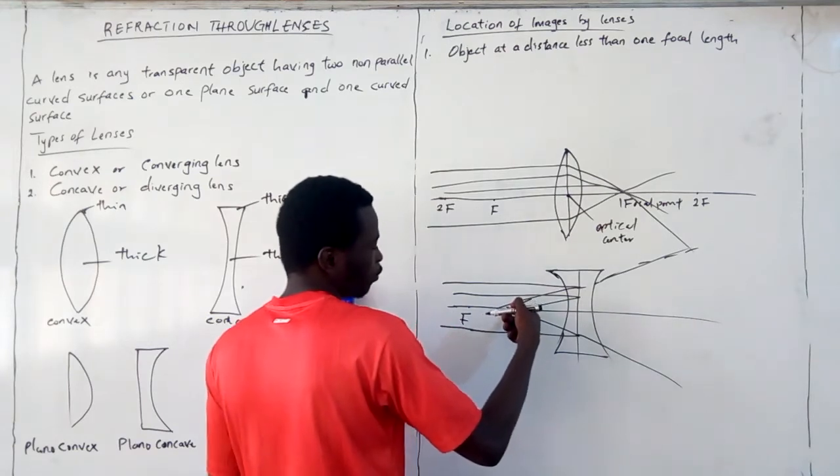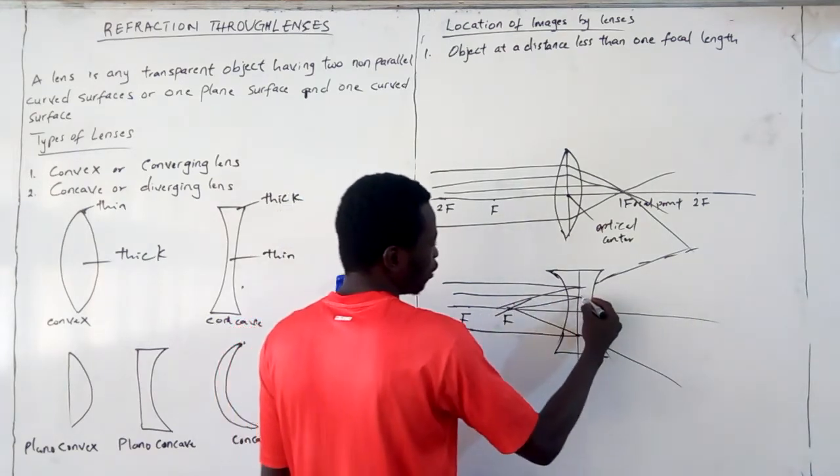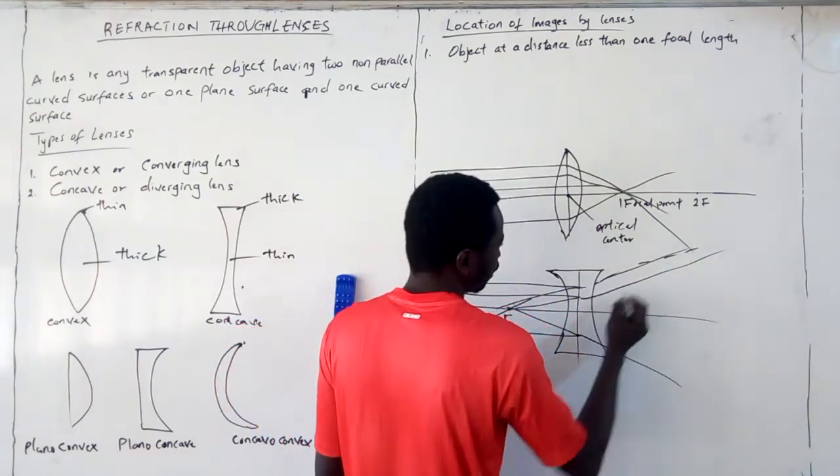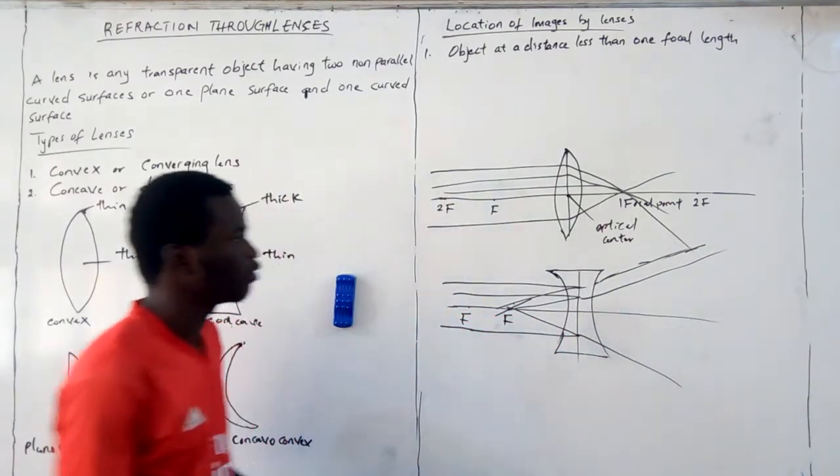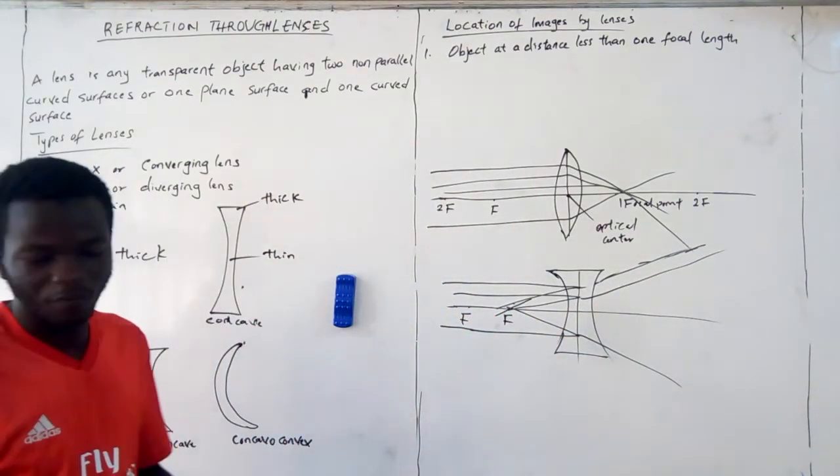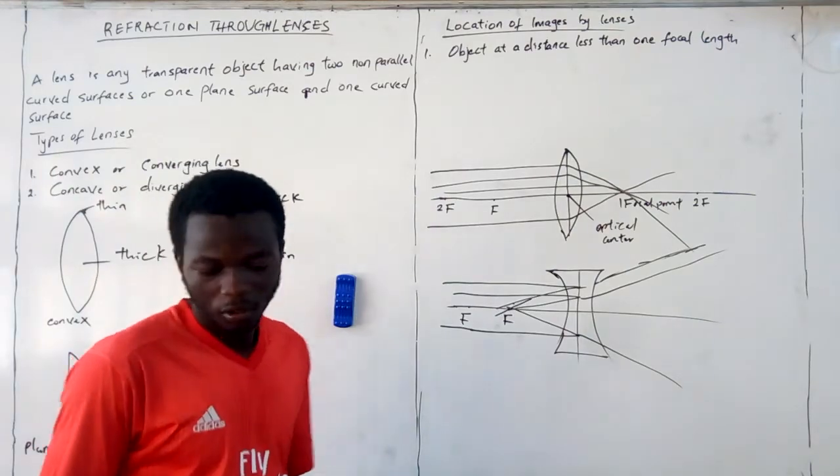They will fall at this position here, and then the rays will diverge this way. So that's why it is called the diverging lens.